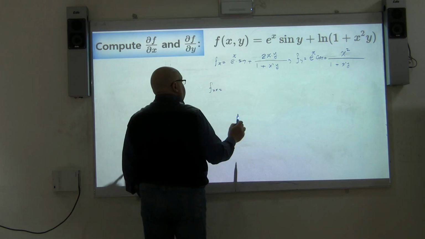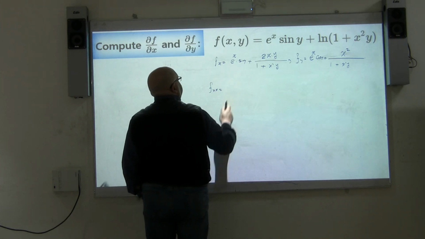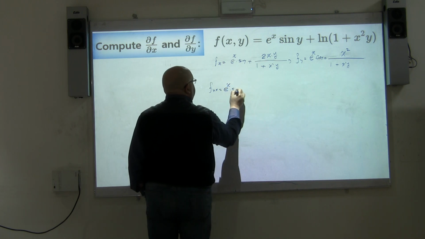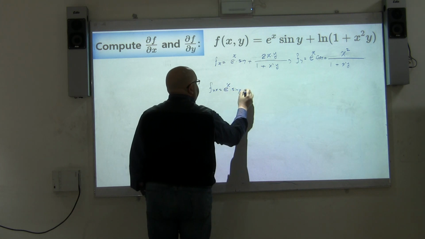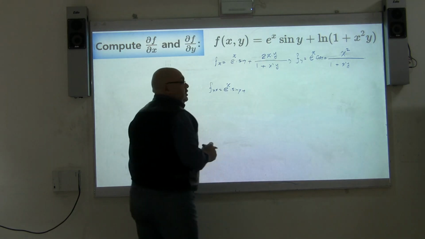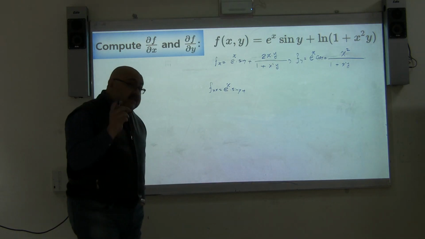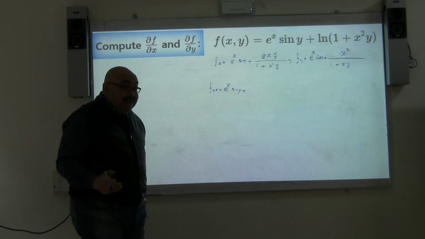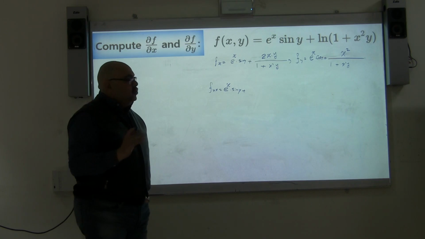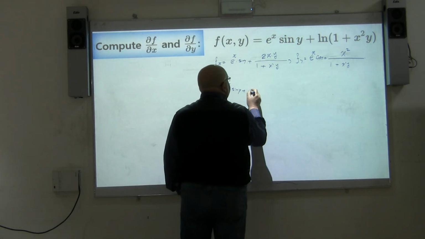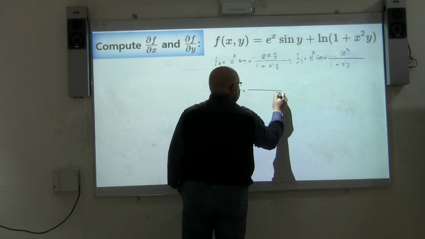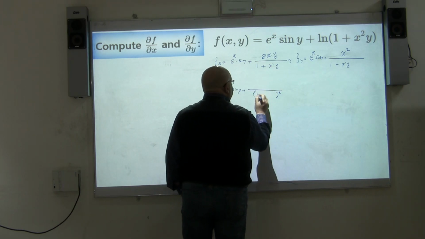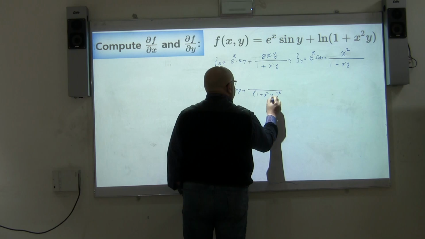If you want to push it further, in order to get f double x, I will start by differentiating this function, which is going to be e to the power of x times sine of y. Then plus, I will start differentiating this part. You can see that x, which is a variable, appears in the denominator and in the numerator. So I will treat it as a function divided by another, which means I will square the denominator, which is 1 plus x squared y.